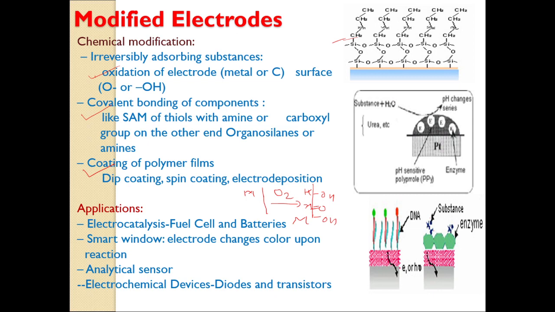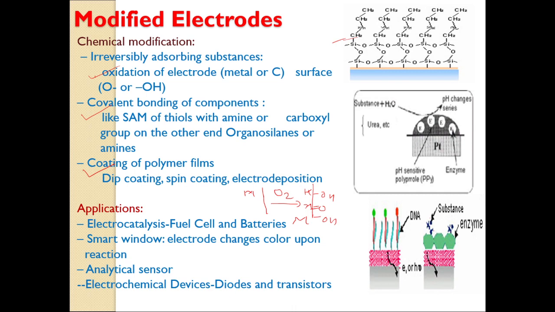Again, modified electrodes can be used as analytical centers, because, as we discussed, they selectively adsorb molecules on their surface, so they can act as analytical sensors. And another is in electrochemical devices such as diodes and transistors.